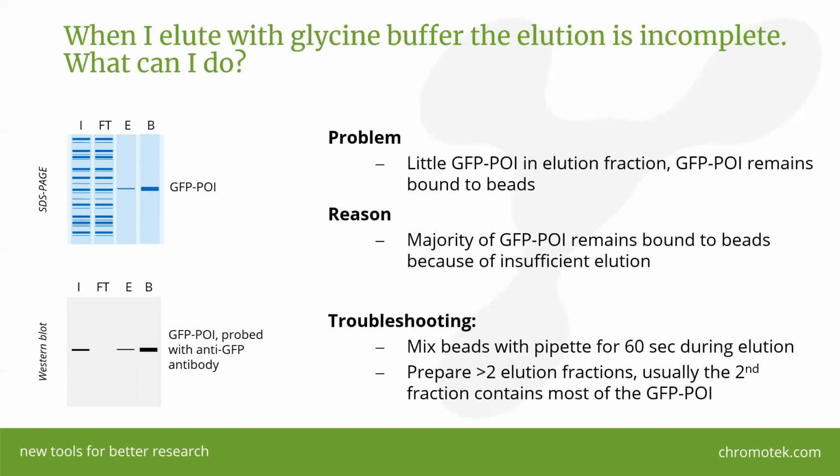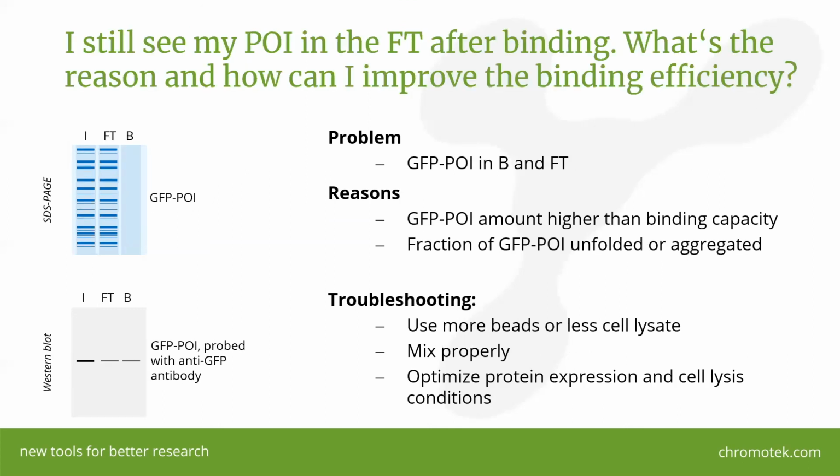What we recommend is mix the beads with a pipette for 60 seconds during elution, and then repeat the elution. So you should prepare more than two elution fractions, and usually the second fraction contains most of the GFP fusion protein which you are looking for.